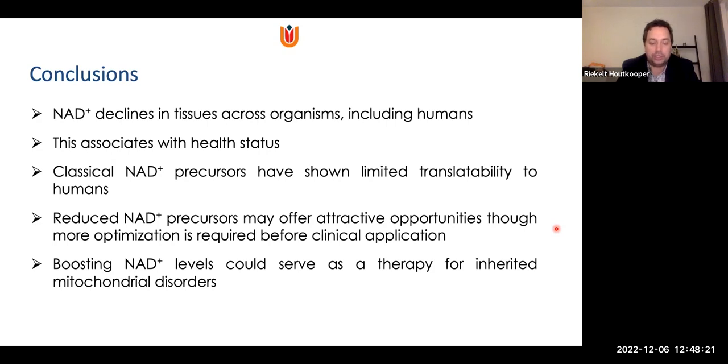We, for instance, don't see any evidence of a beneficial effect of these molecules in the context of mitochondrial fatty acid oxidation deficiencies. So it's definitely not a magic bullet that will treat all inherited mitochondrial disorders. And we really need to invest in understanding the mechanism to understand also which disorders it could be beneficial for.